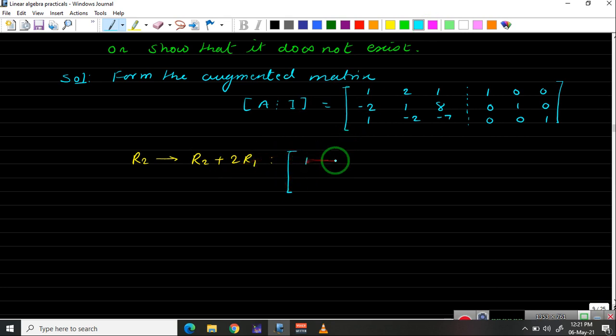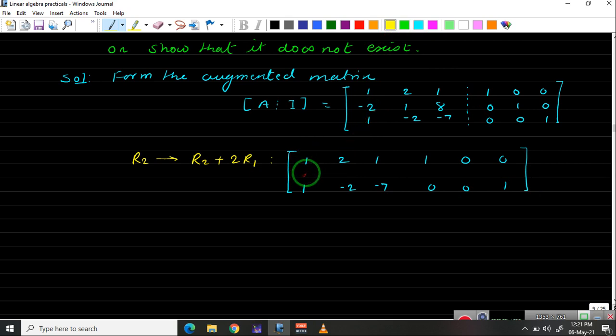So the first row as it is: 1 2 1 1 0 0. The third row will also be as it is: 1 -2 -7 0 0 1. And our second row will change. It will take the second row, multiply the first row by 2 and add it to the second row.